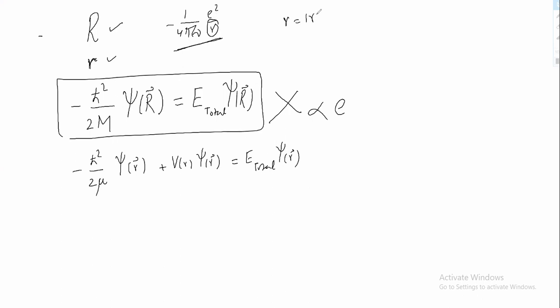When you separate it into an equation which has everything in small r and an equation which has everything in capital R, for a potential depending only on the interparticle distance, the equation in capital R will not contain any potential.